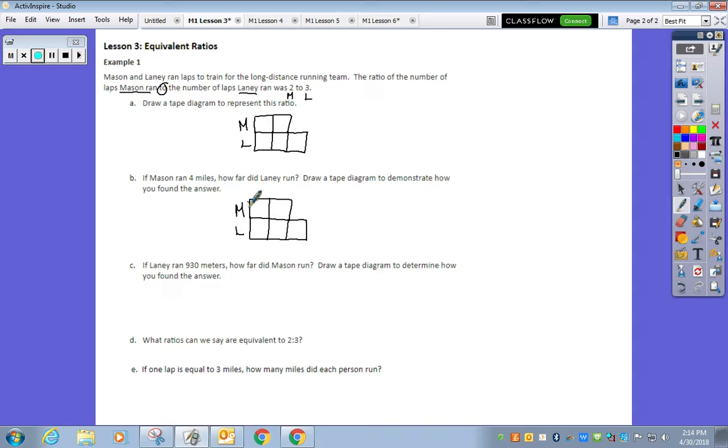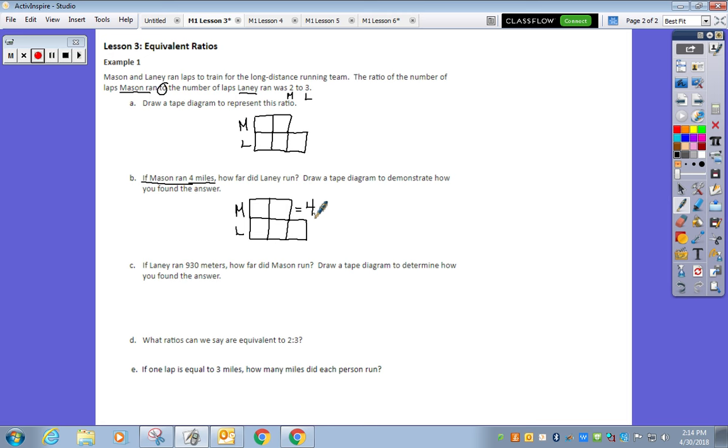Okay, so these are representing laps, each box, because it's the number of laps each ran. And now it's saying that Mason's 2 laps were 4 miles. So it's saying Mason ran 4 miles, so those 2 laps were equal to 4 miles. So next to Mason's bar, to show that, I'm going to write equals 4.